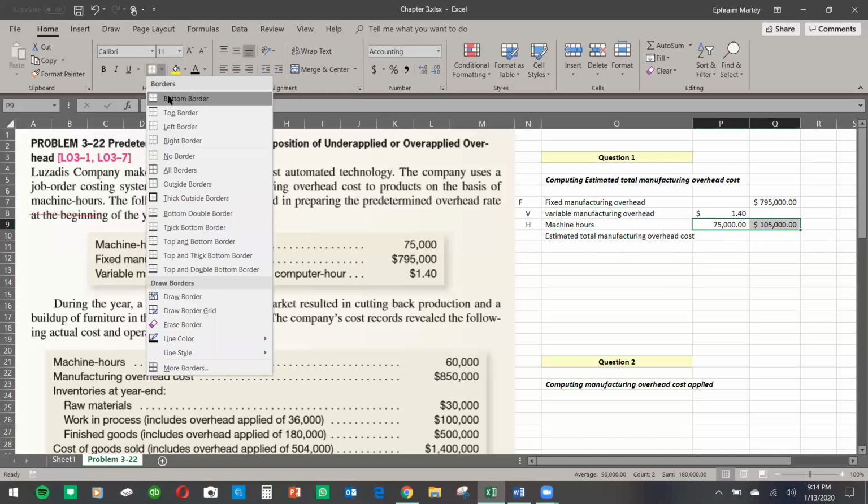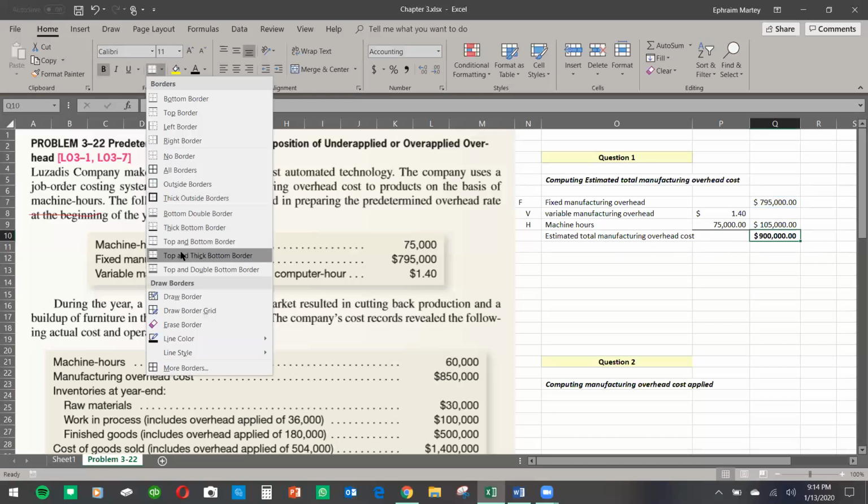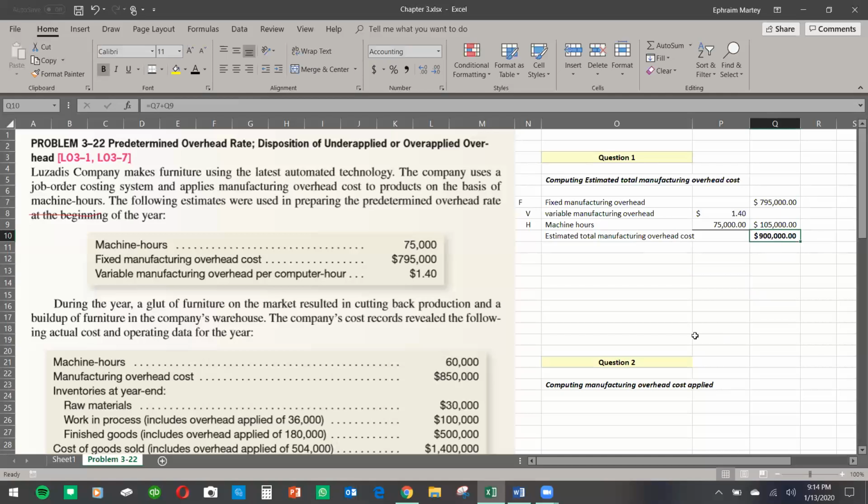Underline it so it's easy to see. So we add the fixed element plus the variable element, and we have the total estimated manufacturing overhead cost.